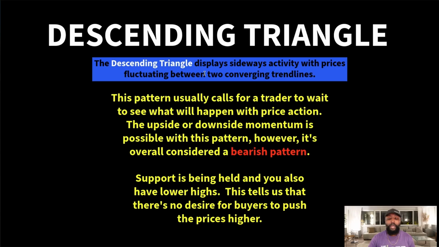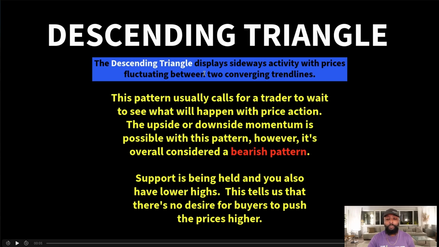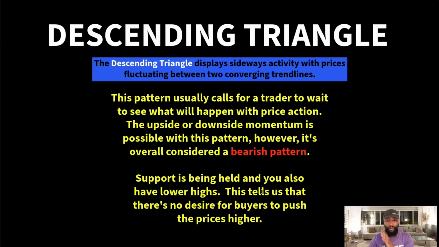The upside or downside momentum is possible with this pattern. However, it's overall considered a bearish pattern. Support is being held, so you have lower highs. And this tells us that there's no desire for the buyers to push that price higher, right?